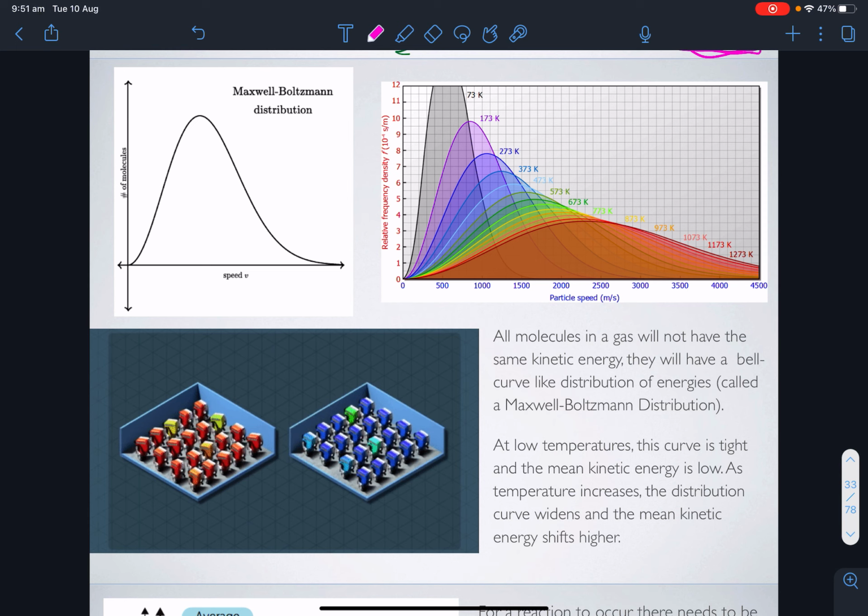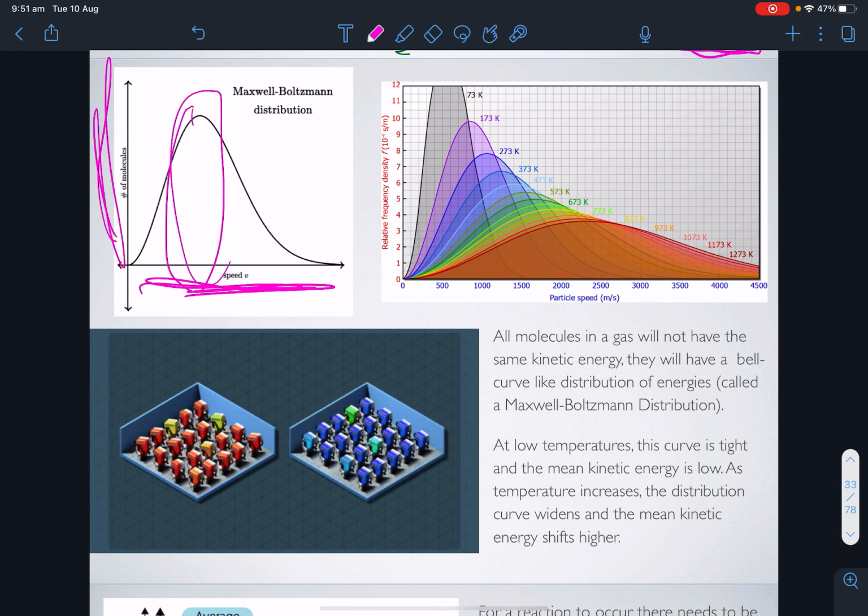There'll be a small amount that has much lower, and a small amount that has much higher than average, but most will be around the average. So it forms a bell curve of translational energy or speed against the number of molecules.